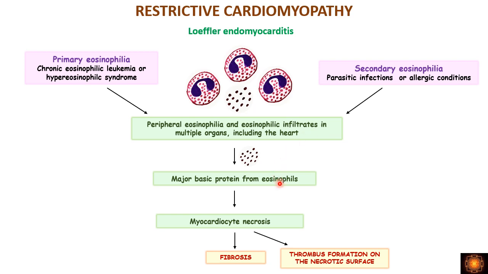So when they enter into the heart, the major basic proteins which are produced by the eosinophils cause damage to the myocardium, and there is myocardiocyte necrosis that leads to fibrosis again as a healing process. And not only that, when the contraction is reduced and when there is damage to the myocardium, that can also lead to thrombus formation and further complications.